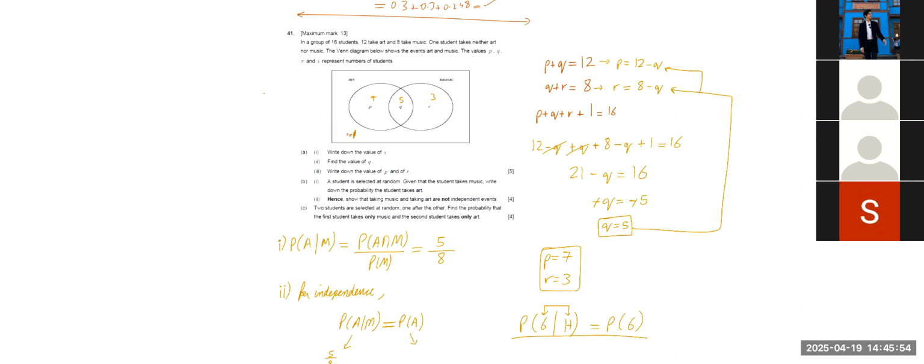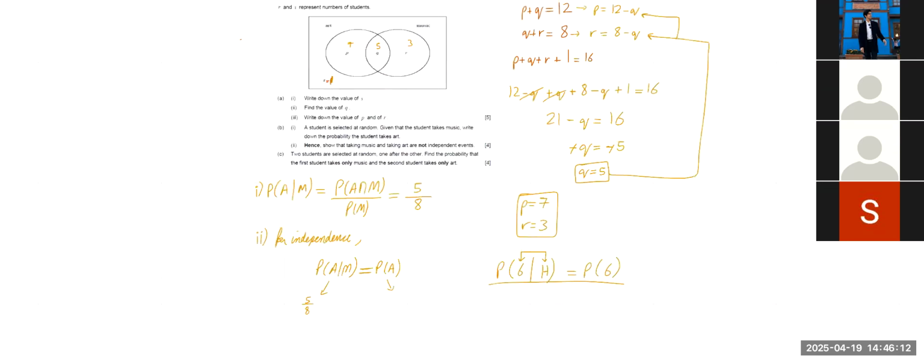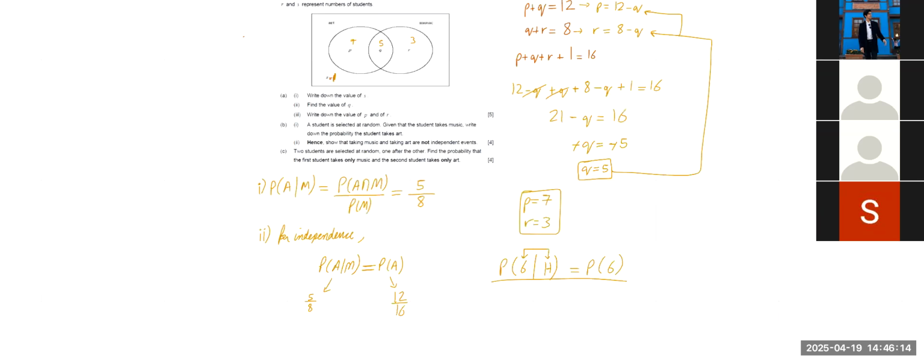That's 12. Probability shouldn't be more than 1, should it? 7 plus 5 is the number of people taking art out of 16 people. So what's the probability of picking someone who's taking art? There's 12 people taking art out of 16 people. So 12/16, right?